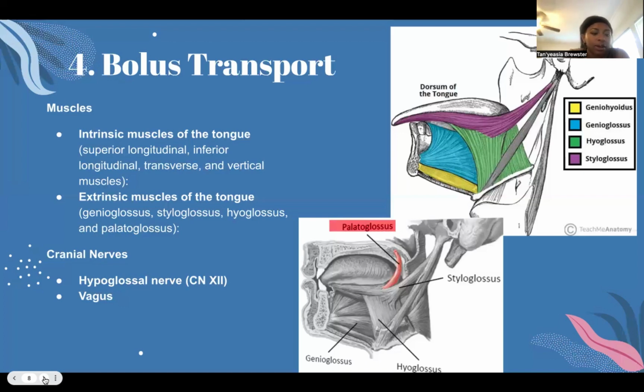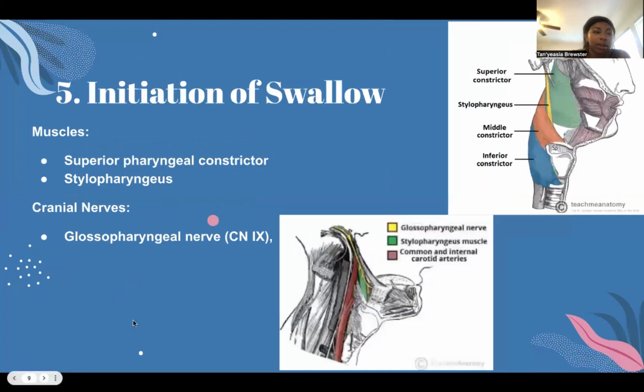The hypoglossal nerve innervates the intrinsic and extrinsic muscles of the tongue, which are also crucial for bolus transport. The glossopharyngeal nerve plays a crucial role in the initiation of swallow by providing sensory input to trigger the swallow reflex and motor innervation to the stylopharyngeus and superior pharyngeal constrictor muscles to help elevate the back of the throat.